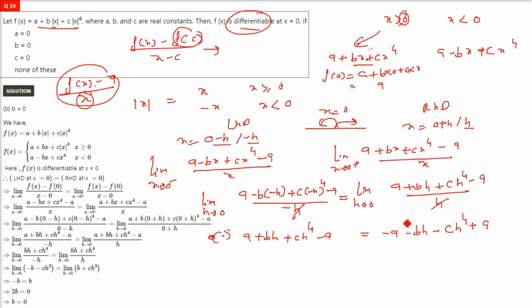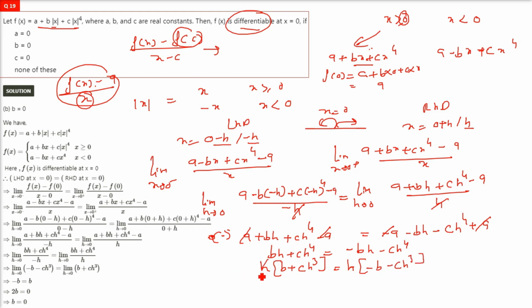So now apply the limit. I'm not writing limit h tends to 0, you are applying the limit now. So this minus a plus a, this gets cancelled. Now bh plus ch to the power 4 equals minus bh minus ch to the power 4. You can take h common, you get h times (b plus ch cube). Then on the right you can take h common, so you have h times (minus b minus ch cube).